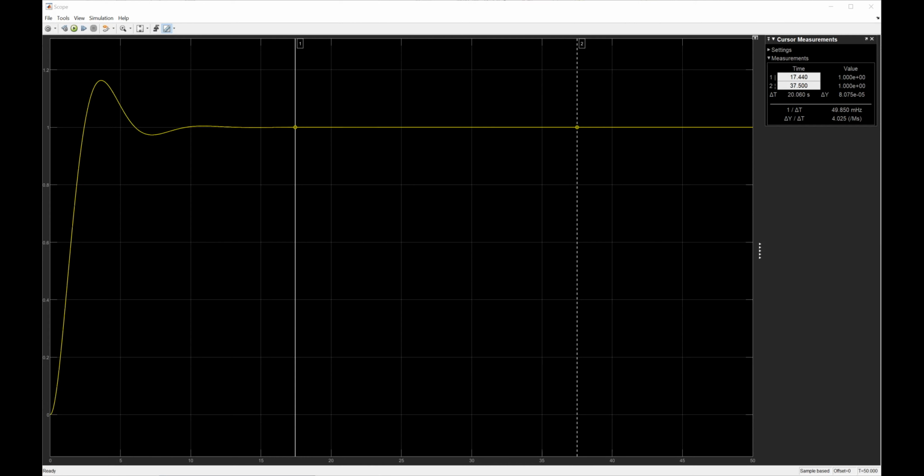Then there is something called a steady state error. And these terminologies will be defined rigorously in the next class.